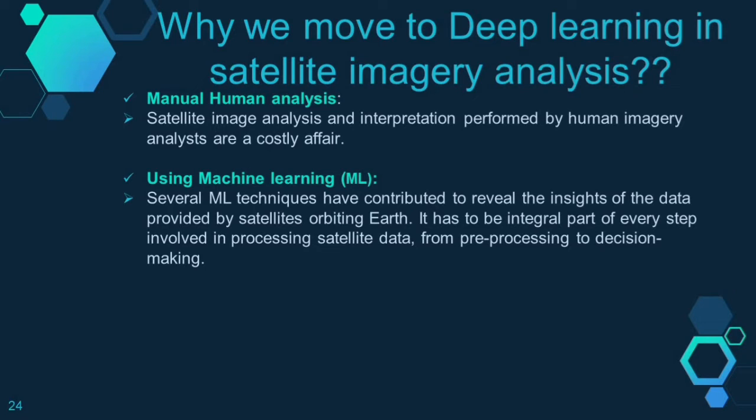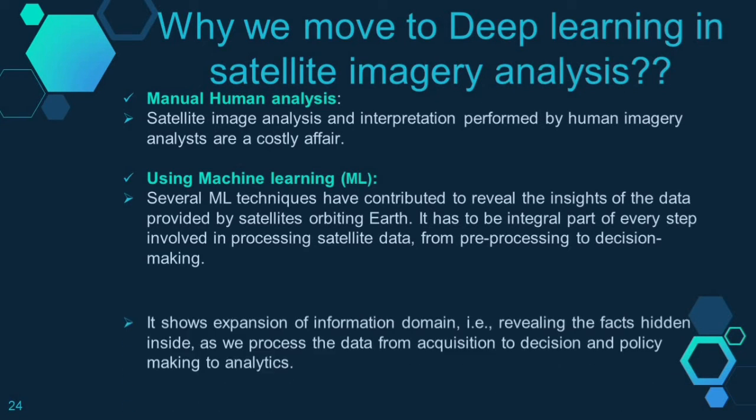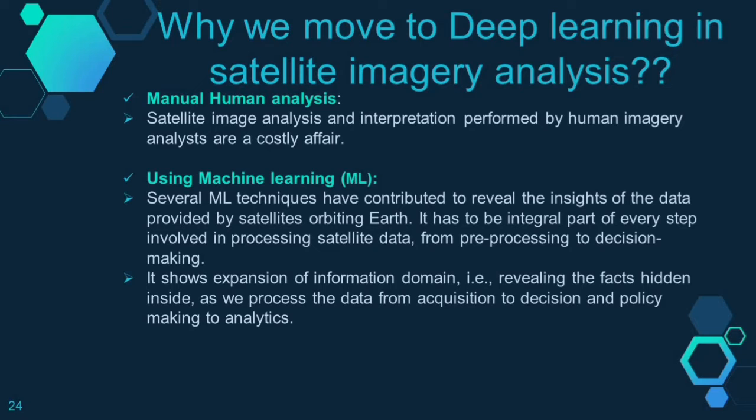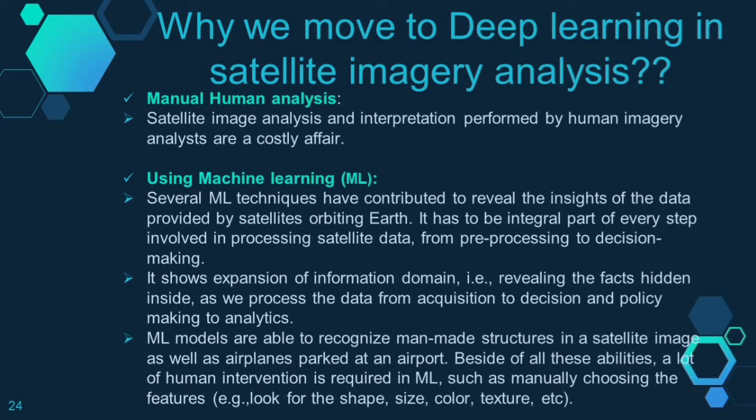It has become an integral part of every step involved in processing satellite data, from pre-processing to decision making. It shows expansion of the information domain, that is revealing the facts hidden inside as we process the data from acquisition to analysis, decision and policy making.